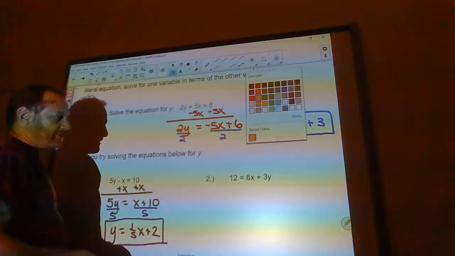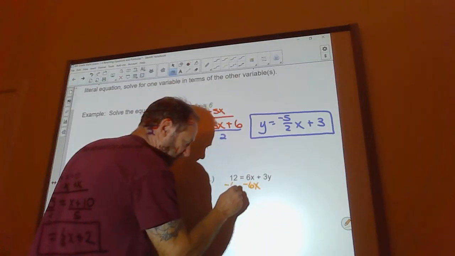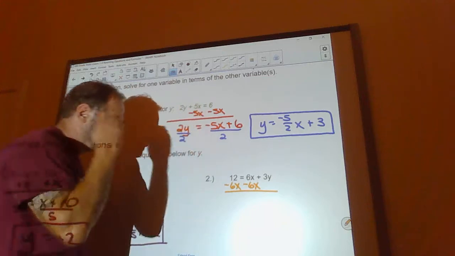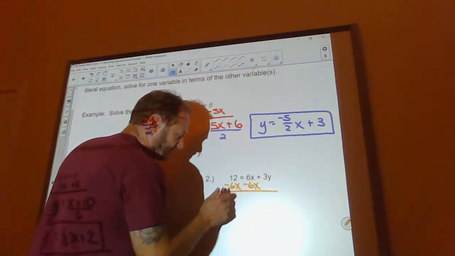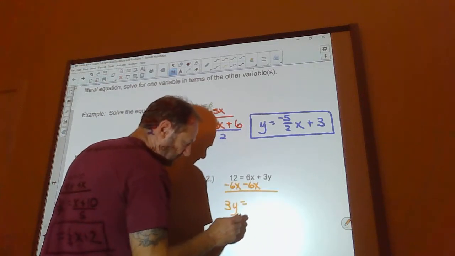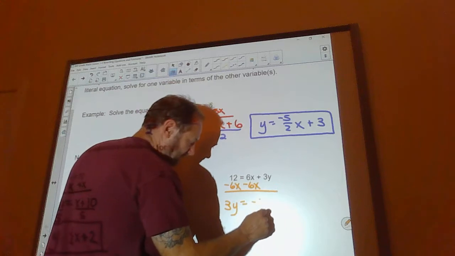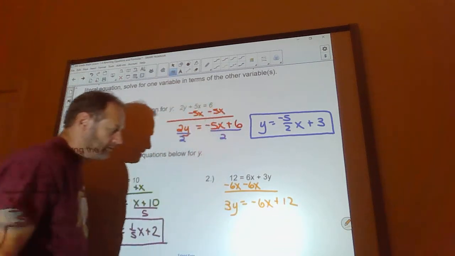Now over here, as I solve for y, I'm going to get rid of these x's, so I'm going to subtract 6x from both sides. And here's the thing, I always like to have the variable I'm solving for on the left, so I'm going to move my 3y to the left, and I'm going to put all this other stuff on the right side. So this is negative 6x plus 12. Okay?